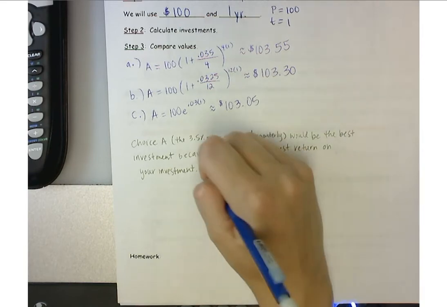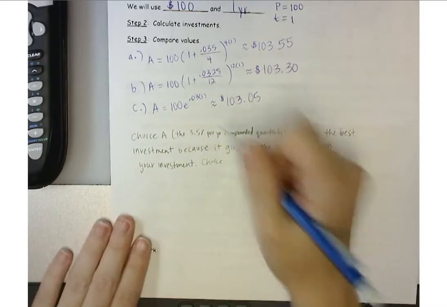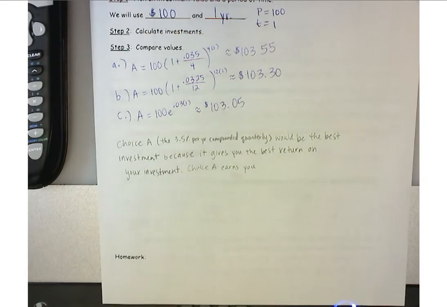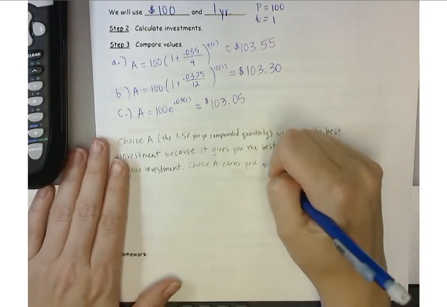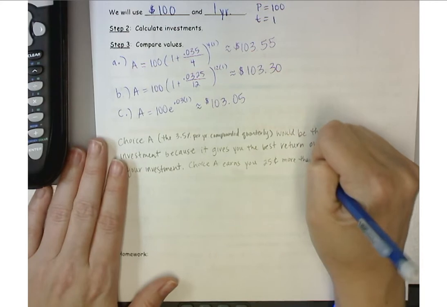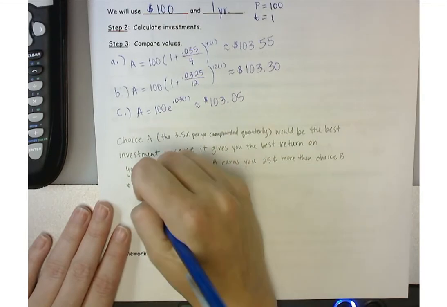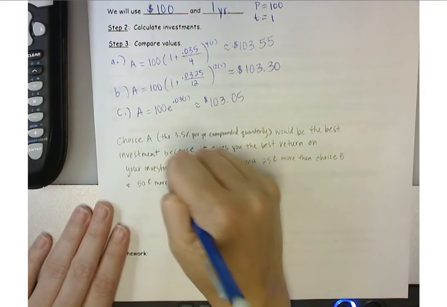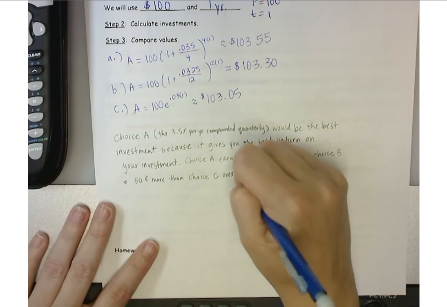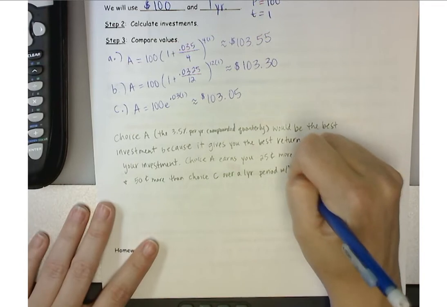So you could say choice A earns you, so how much more than choice B? 25 cents more than choice B, and 50 cents more than choice C over a 1-year period with $100 invested.